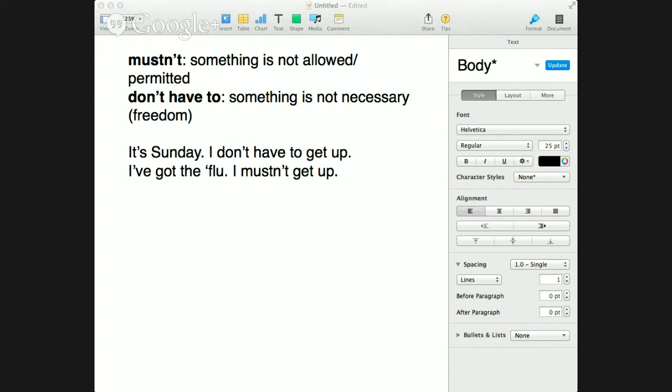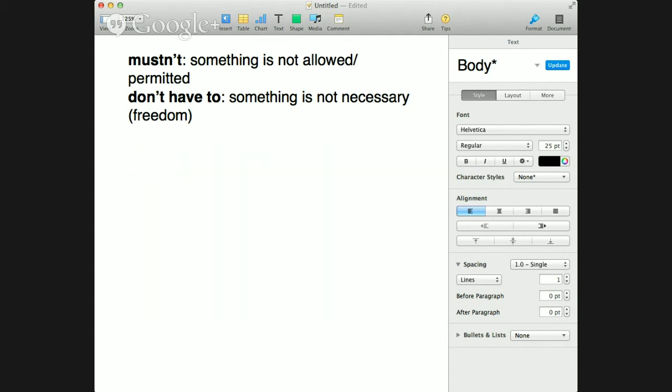Alright, so let's go through some more examples, and you guys can tell me which one is correct and which one is not. We'll leave that on the screen so that you've got a little bit of help. Number one.